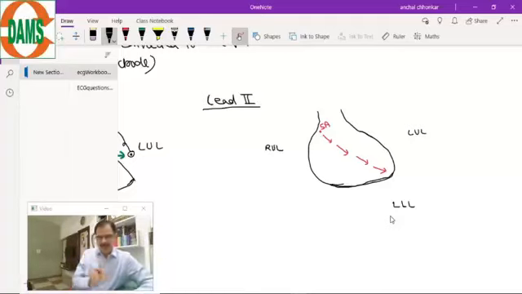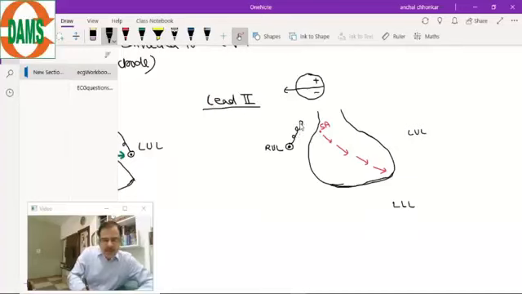So now to make lead 2, this is the galvanometer. What we'll do in lead 2 is take a wire from the right upper limb and connect it to the negative pole.